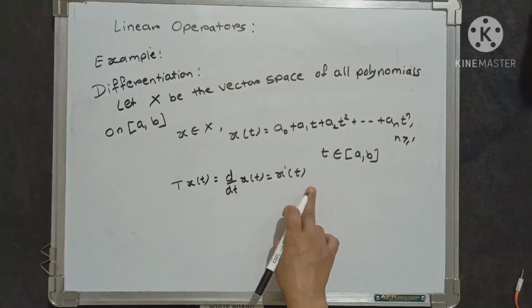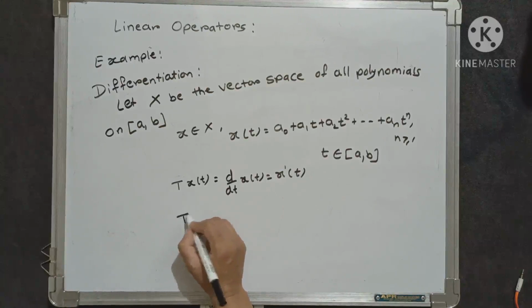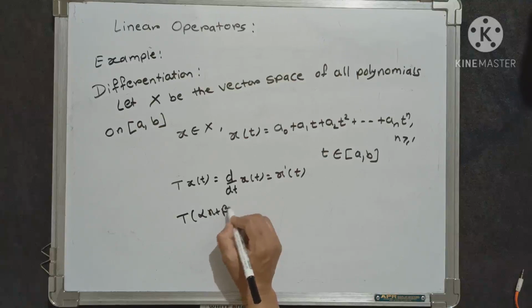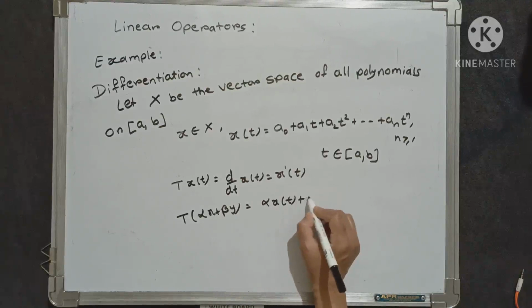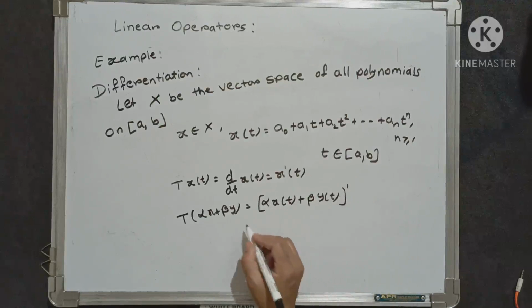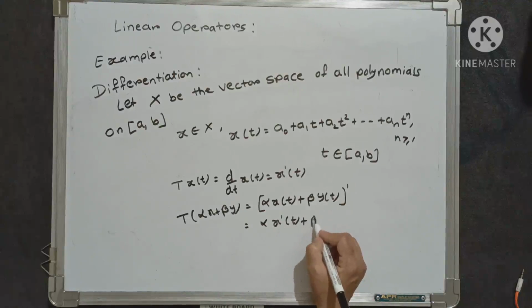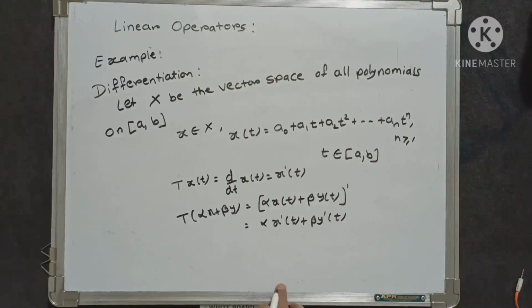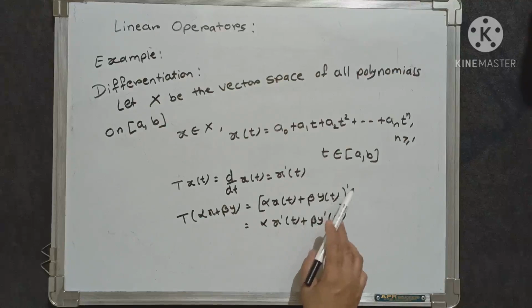Now this operator is linear, because when we take T of alpha x plus beta y, that equals alpha x of t plus beta y of t, whole prime.